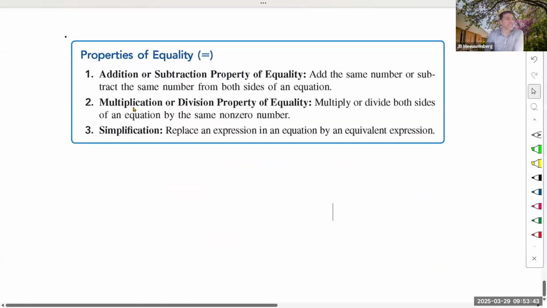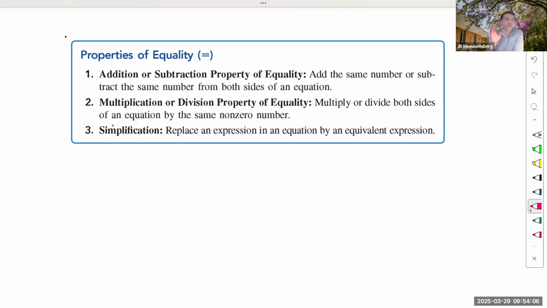The first one is the addition or subtraction property of equality. And what it says is add the same number or subtract the same number from both sides of an equation. So if you're adding or subtracting, you're using the addition or the subtraction property of equality. Multiply or divide both sides of an equation by the same non-zero number.